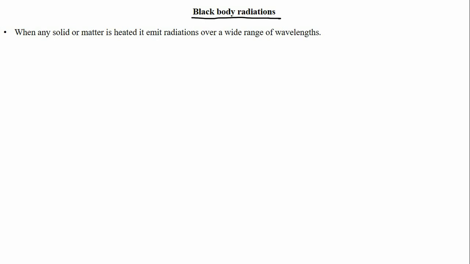It is our general observation that when we heat any solid or matter, it emits radiations over a wide range of wavelengths. For example, if you have an iron rod and heat it to some temperature, firstly it becomes red.